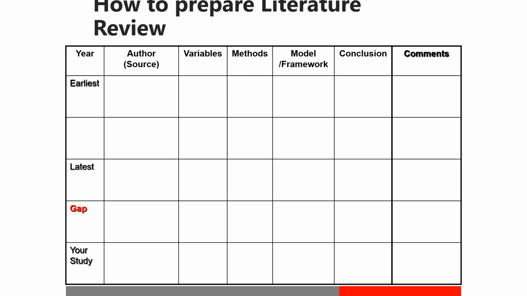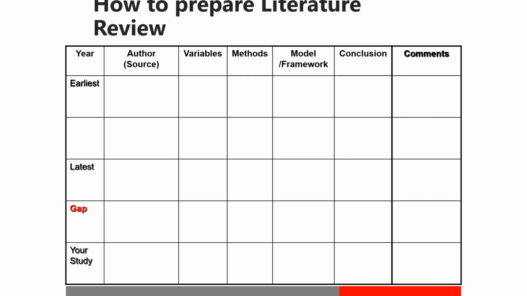Okay, this is one of the ways to prepare a literature review. You prepare a table. In the table you should have a few columns: the authors of the paper or article, the variables that they have examined, the method they adopt, qualitative or quantitative, whether they use primary data or secondary data, the framework, which you can draw, and the conclusion, and make a comment about the paper.